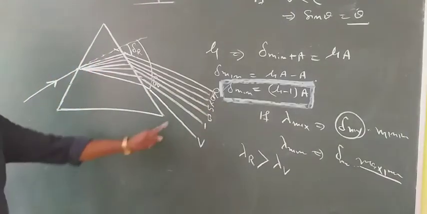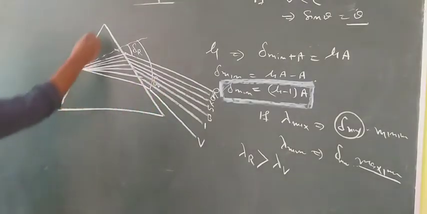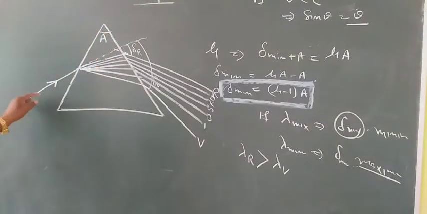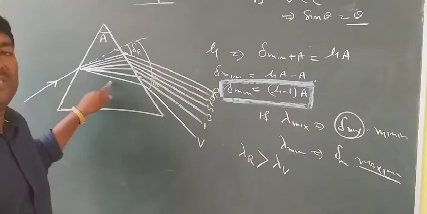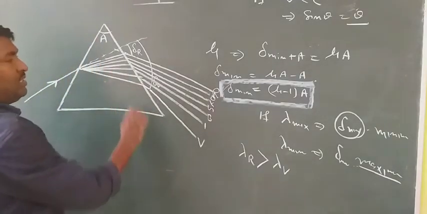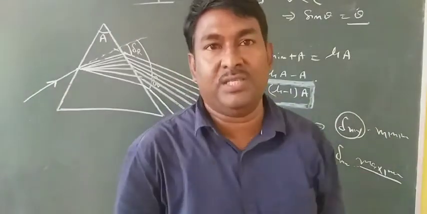Here you can see 1, 2, 3, 4, 5, 6 and 7, in this way, and this is your prism angle. In this way it is obvious that different colors are deviated by different angles, since angle of deviation depends on wavelength or colors of light as well.